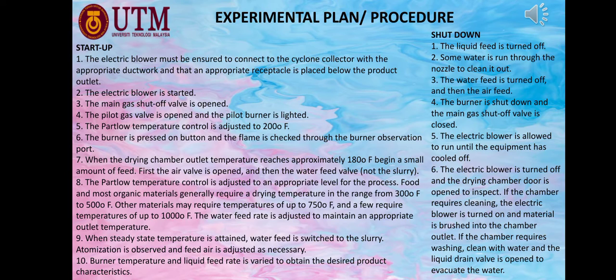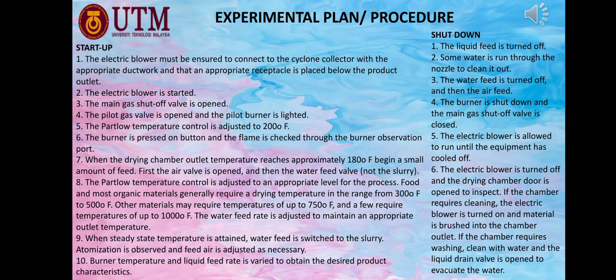And also take note that food and most organic materials generally require a drying temperature in the range of 300 to 500 degrees Fahrenheit, while others require higher temperatures up to 750 degrees Fahrenheit and others up to 1000 degrees Fahrenheit. We then adjust the water feed rate to maintain an appropriate outlet temperature.